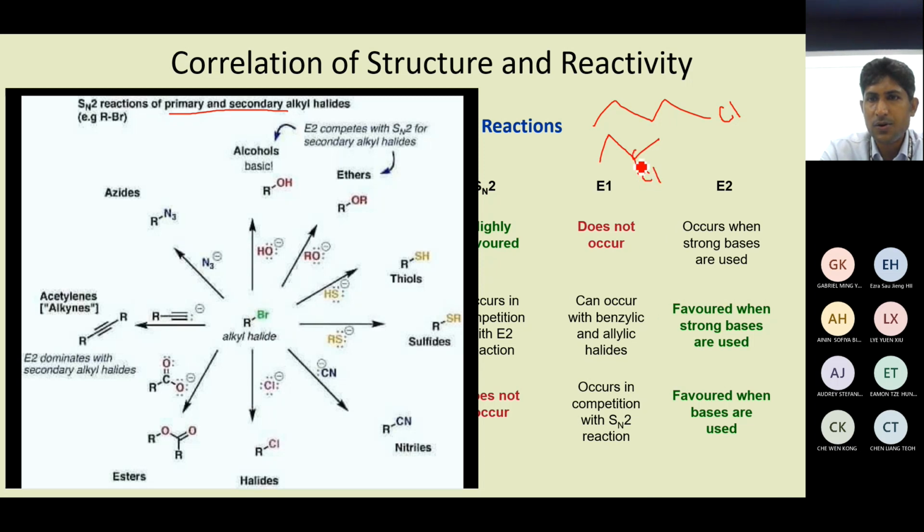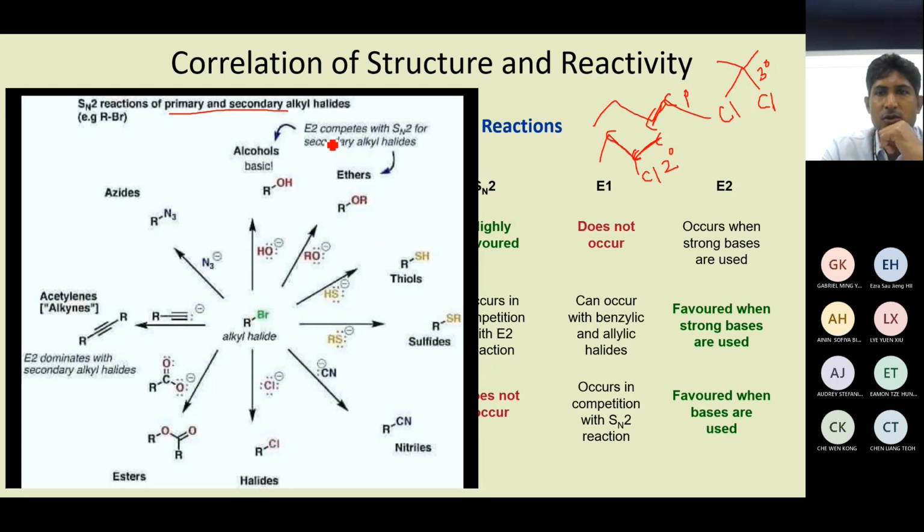In the primary, the chlorine is attached to a carbon that is bonded to only one other carbon. In the secondary, the carbon is bonded to two other carbons. So this is 2 degree, this is 1 degree. And of course, if this carbon is bonded to another 3 carbons, then it will be tertiary, 3 degree, right?